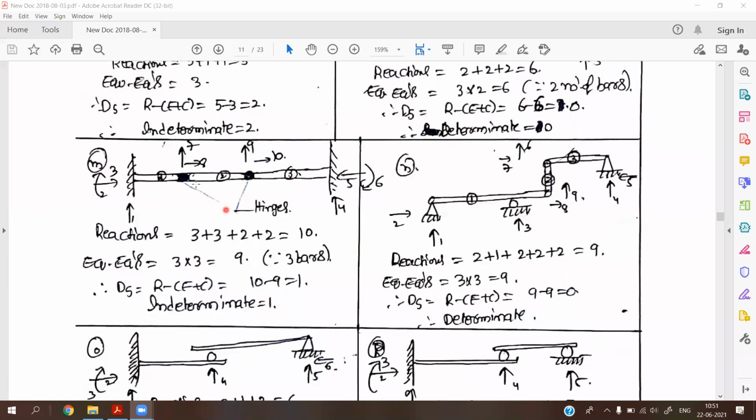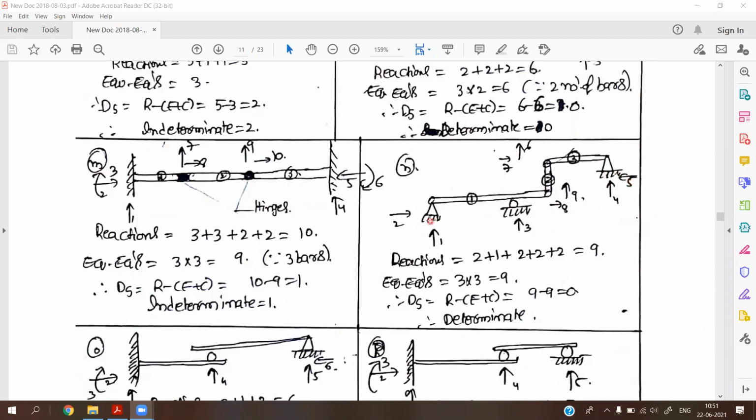Generally, whenever a hinge is present in the beam, we have two reactions at the hinge, and the hinge divides the beam into two spans, that is two bars. For example, if you observe this figure, first we have to find the reactions. At the immovable hinge support we have two reactions, the roller support has one reaction, total three reactions, and here also an immovable hinge support, so two reactions.